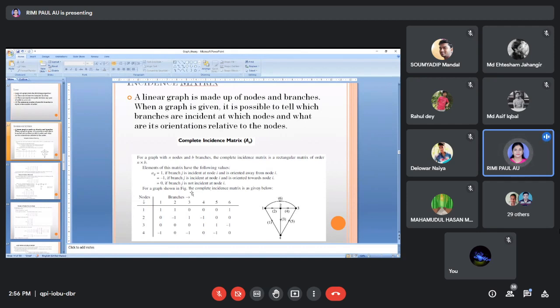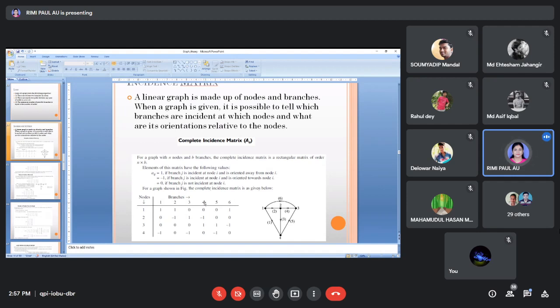So first I am taking all the nodes 1, 2, 3, 4. Next, I am taking all the branches 1, 2, 3, 4, 5, 6. Or you can write A, B, C, D, E, F. Whatever you take, you write it here.